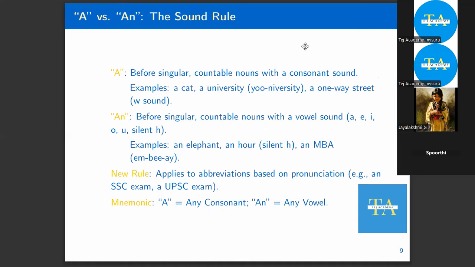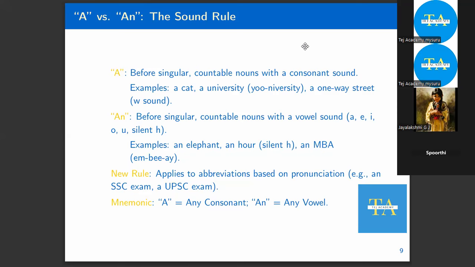When the U sound comes, we use a instead of an. But if you use the letter U in the example umbrella, it will be called an umbrella, because umbrella starts with a vowel sound. But when we use the letter U to make the word university, it gives us the Y-O-U sound. That's why we use a in front of it.